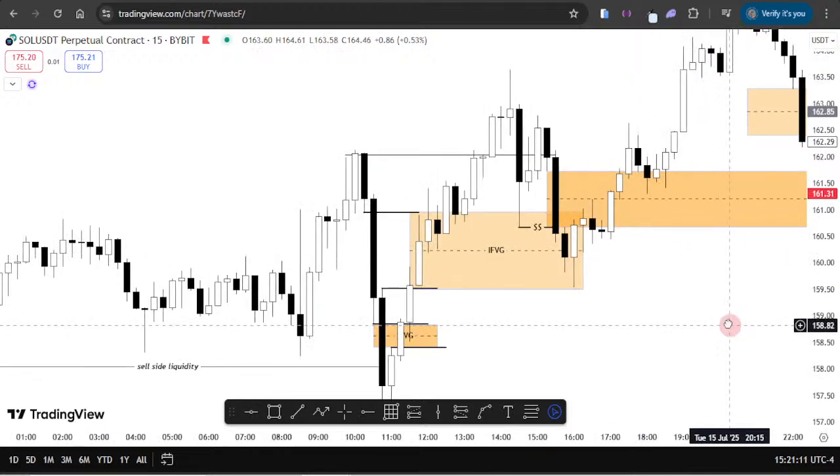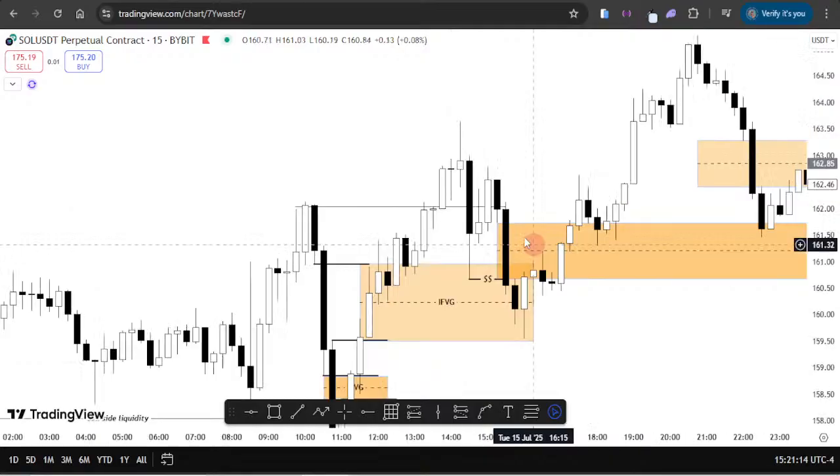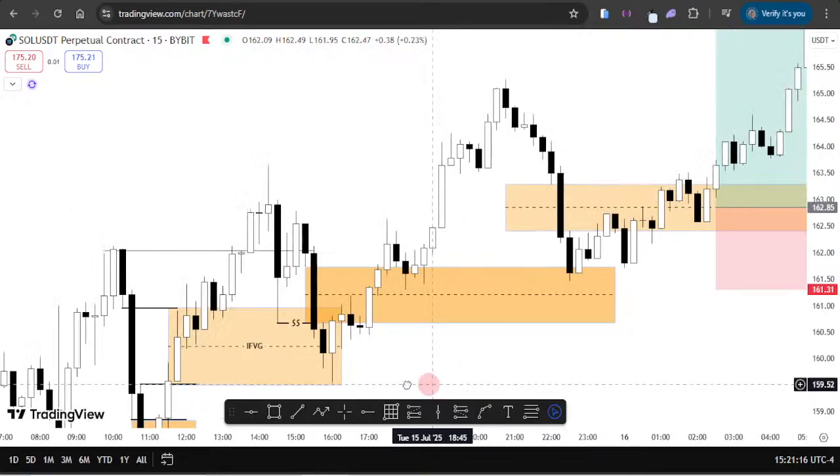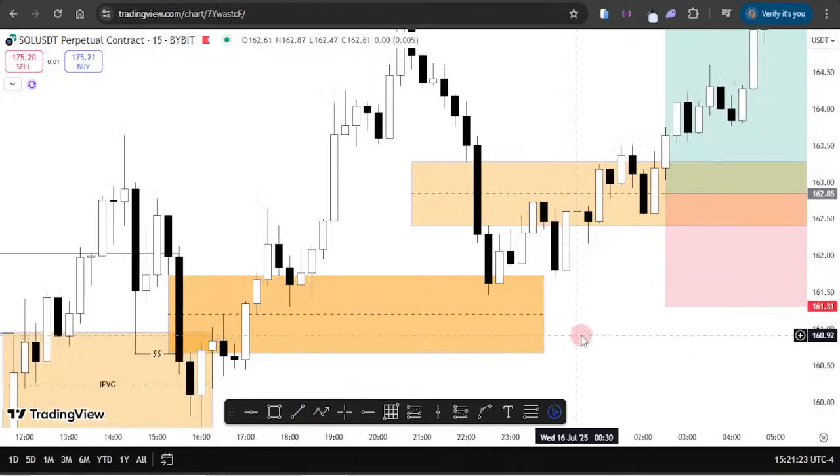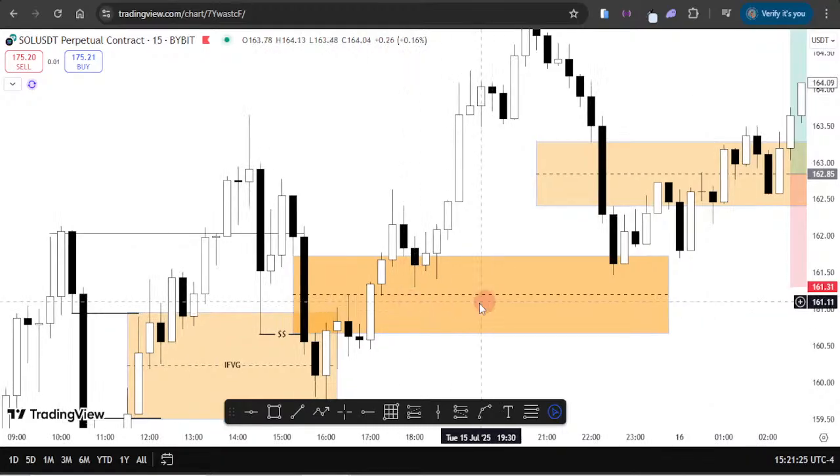So this price action is exactly what we also have here. Once price closed above it, as you can see, let me zoom in quickly. Actually, price did not tap into this midpoint right here. It was like an explosive move.